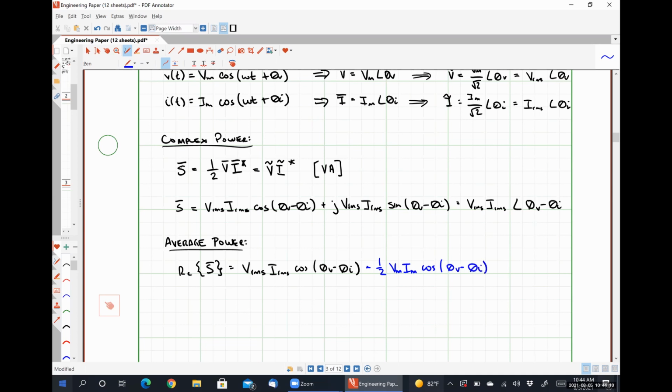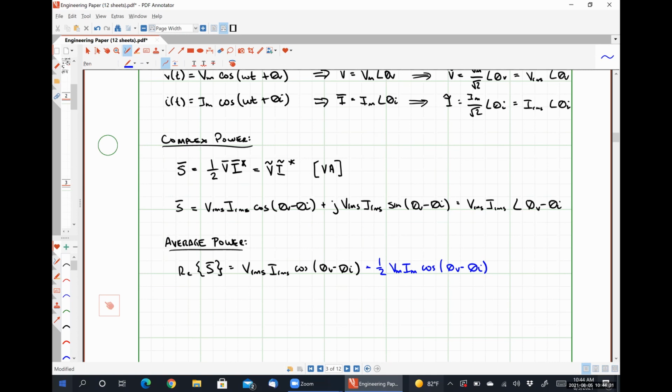I'm writing it out in this way in blue to remind you that we are literally talking about the exact same average power that we have previously discussed. It is nothing different than what we have already covered. We're just getting to that result in a slightly different way.